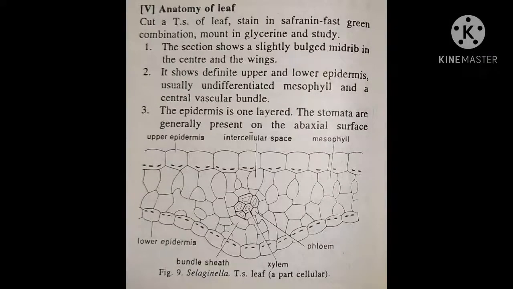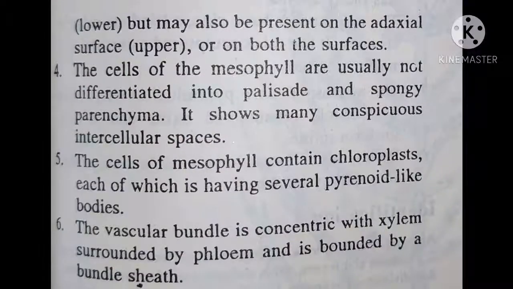The upper and lower epidermis is single cell thick, and in between the upper and lower epidermis there are undifferentiated mesophyll cells. The epidermis is one layered. The stomata are generally present on the lower surface, but they may also be present on the upper surface.